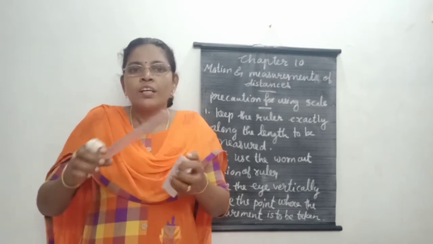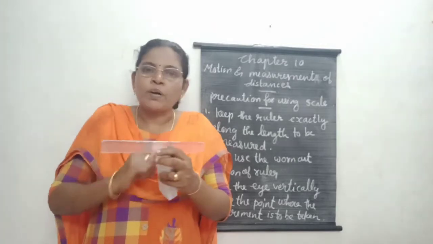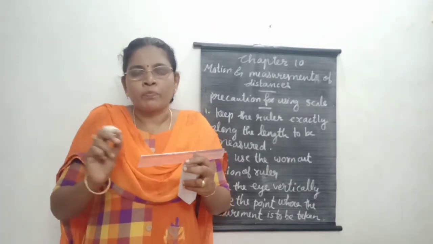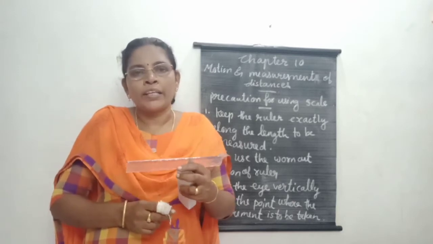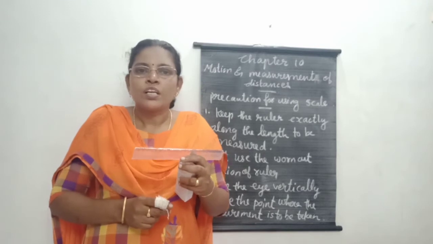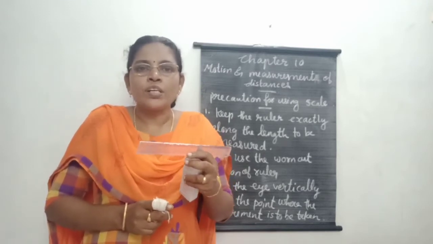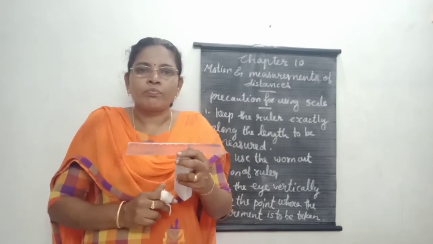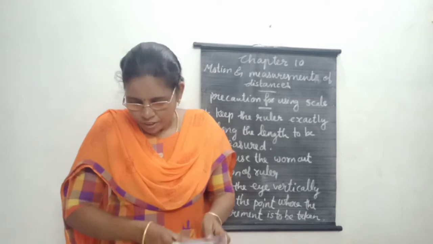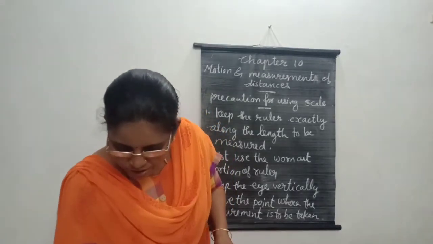How do we measure? The final mark is 13.5. Then the first mark is 1. So we subtract these numbers. 13.5 minus 1 equals 12.5 centimeter. Okay.